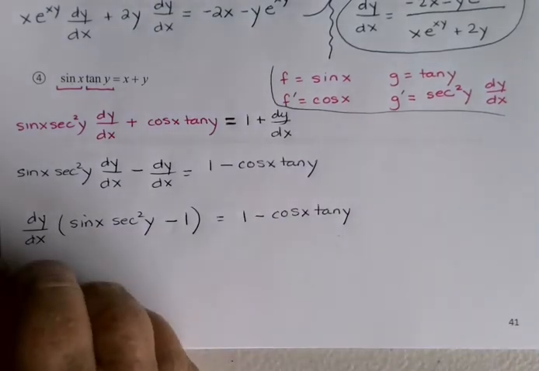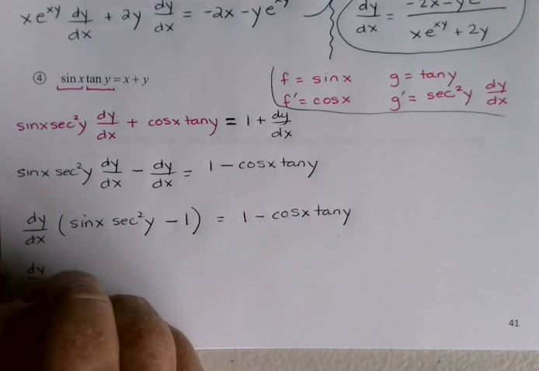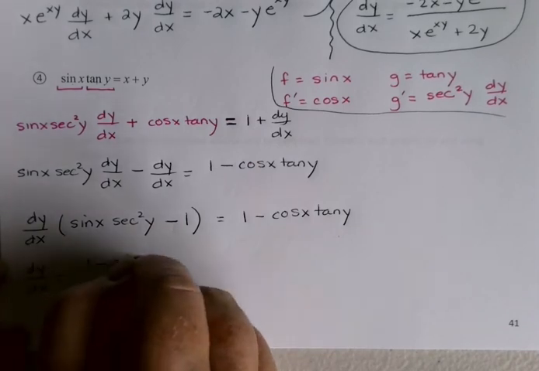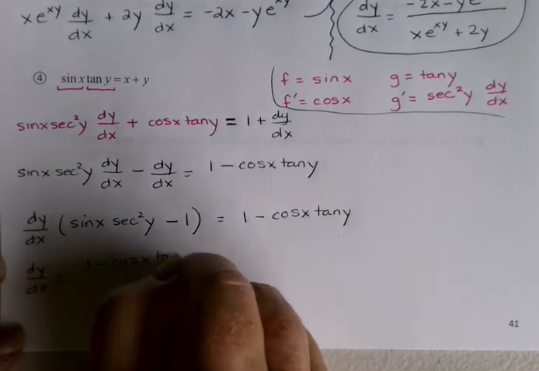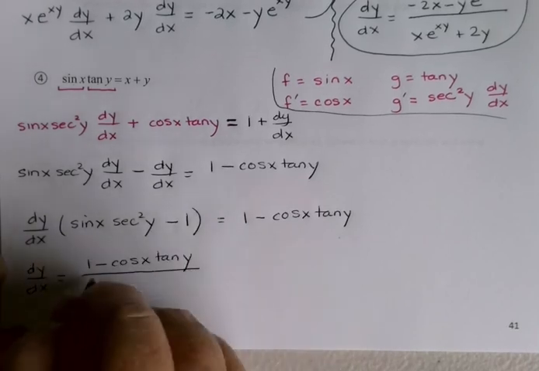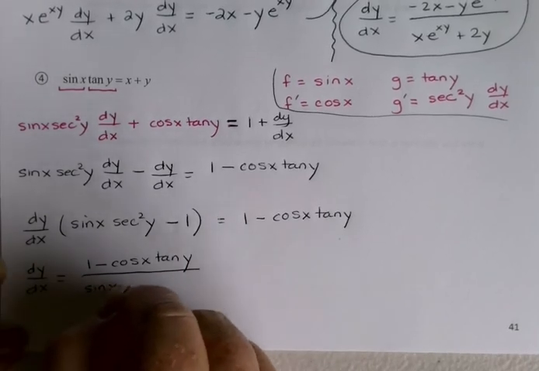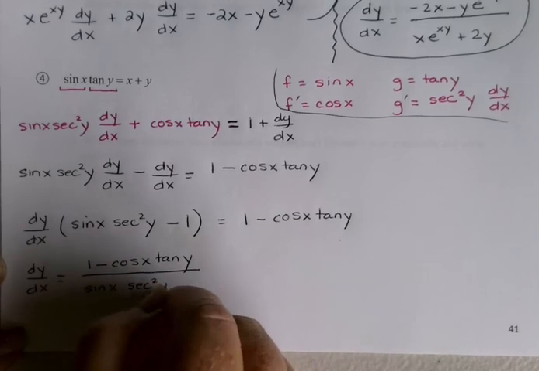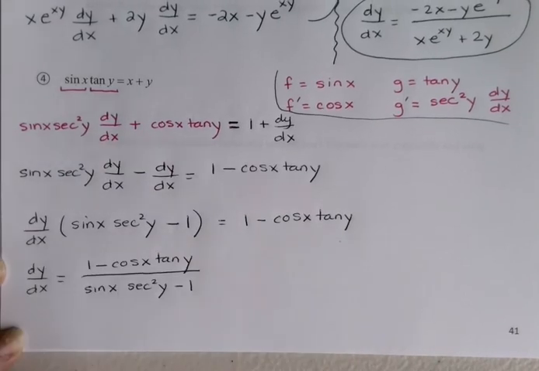And solve for dy dx. 1 minus cosine x tangent y divided by sine x secant squared y minus 1.